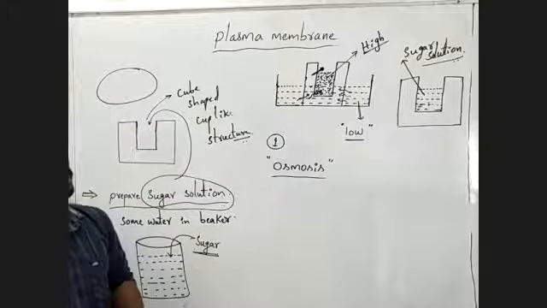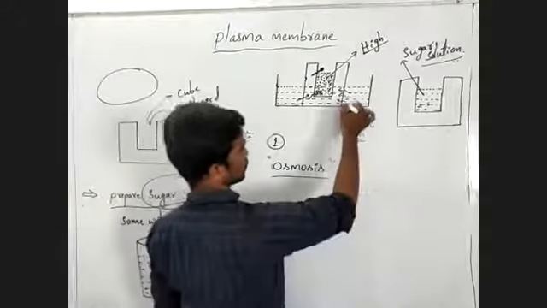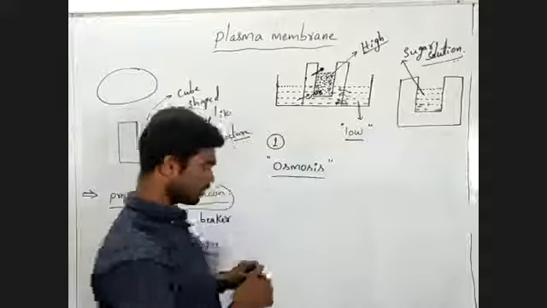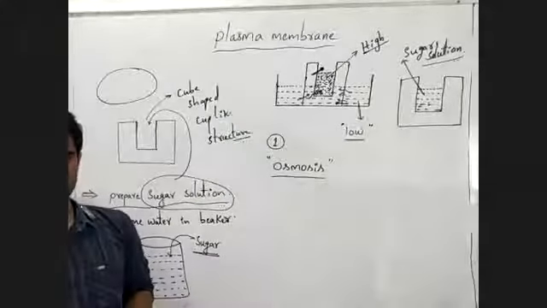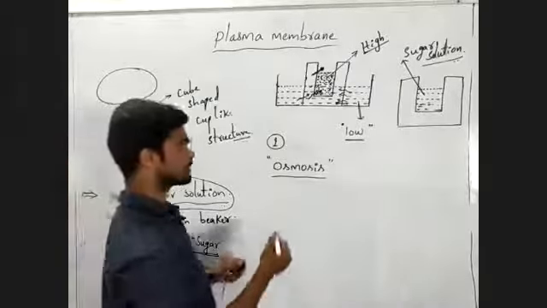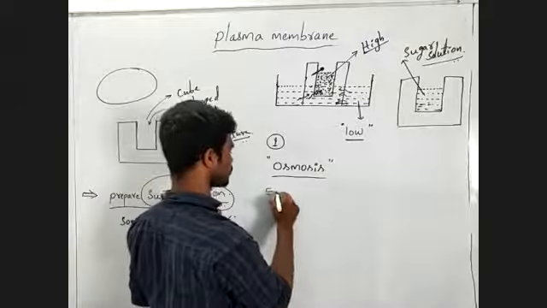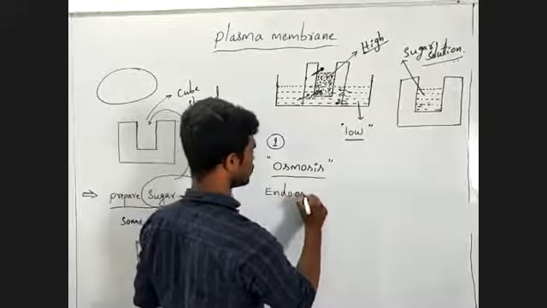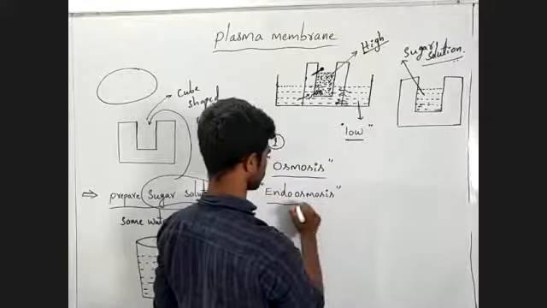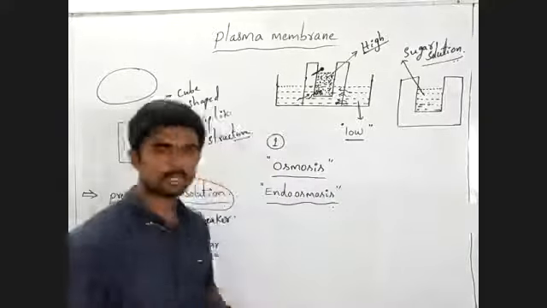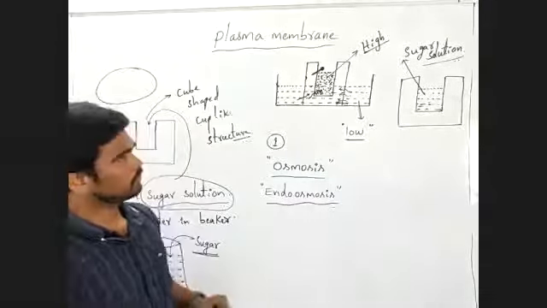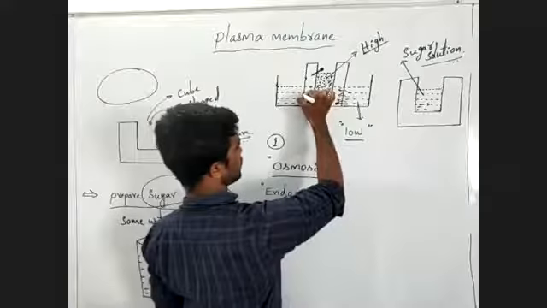Already I told you, if movement of water is moved into the cells from the external environment, it is called endoosmosis. Endoosmosis. Movement of water into the cell.